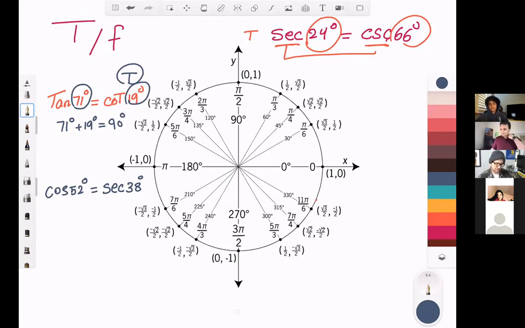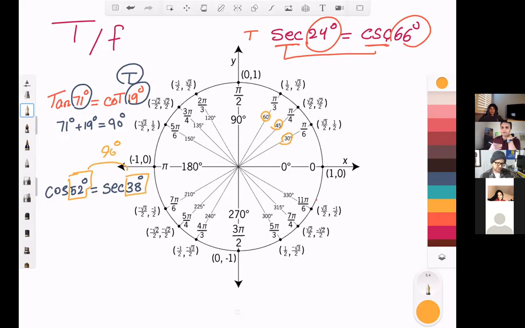Well, I said too many truths. I just made this not true. Pretty good that you said calculator, because we are not dealing with 30, 45, and 60. So 52 is something you'd need a calculator for. But before we punch in the calculator and waste some batteries, we have 52 and 38. If you add them, you get 90 degrees, correct?